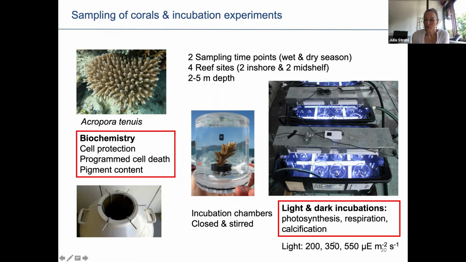And the inshore corals were exposed to light levels, which you can usually find in the field. So they were exposed to 200 and 350 micro-Einstein, whereas corals which live in more clearer water in the midshelf reefs, they were exposed to 350 and 550 micro-Einstein during the incubations.